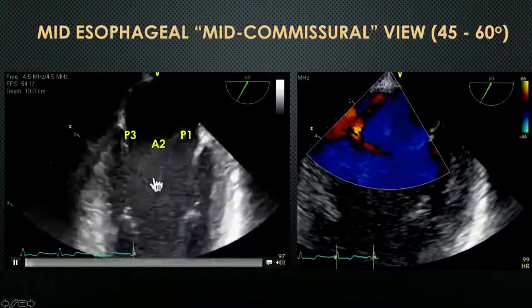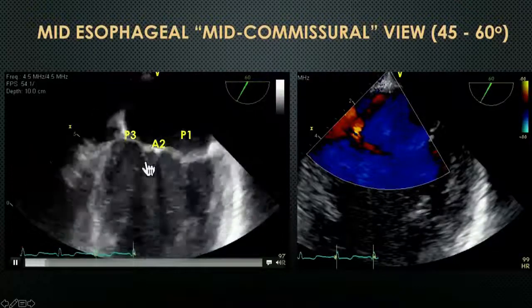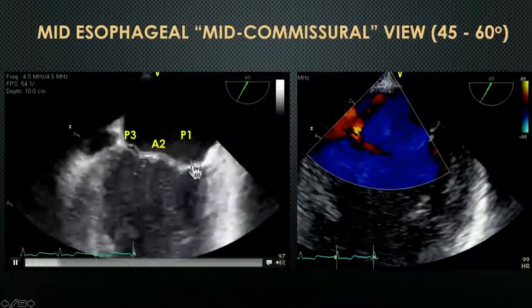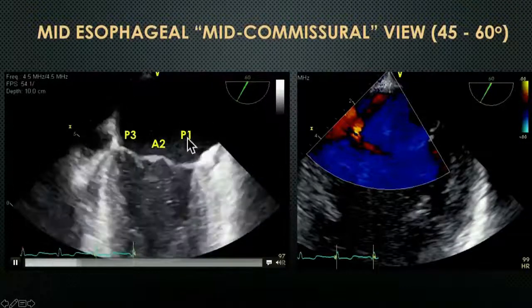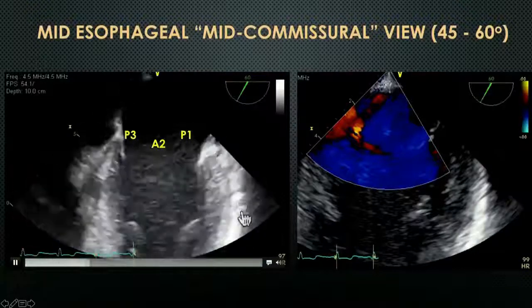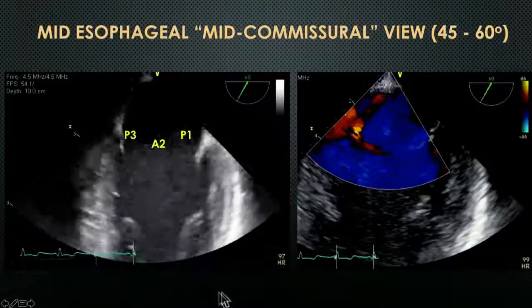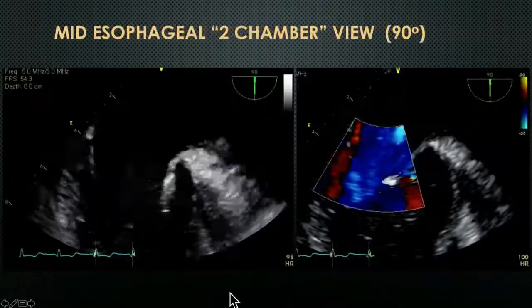You're seeing A2 for the most part, especially when it's disjointed and seems to separate entirely, and you're seeing P1. Again, the left atrial appendage is popping in and out here, so you know you're lateral, and you have the coronary sinus, so you know you're medial. So P3, A2, P1, a favorite image to show on exams.